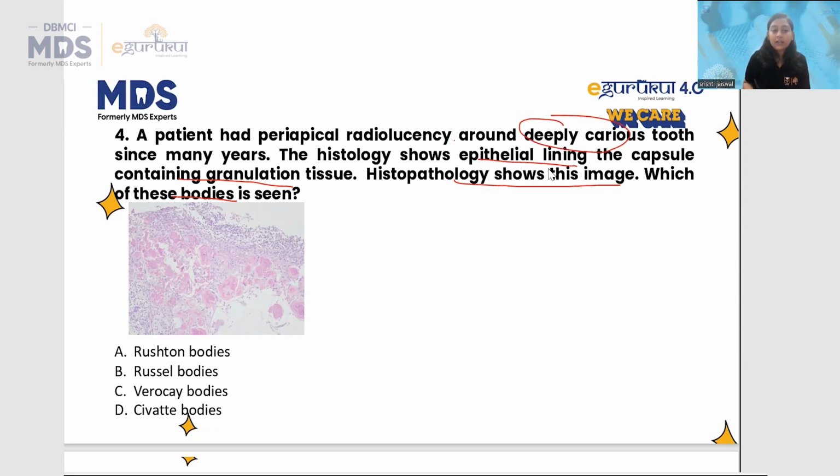If your tooth is deeply carious, that means they're talking about a non-vital tooth. And which body is seen associated with a non-vital tooth? So there comes our most common cyst, the radicular cyst.